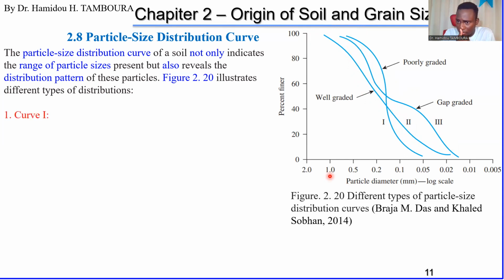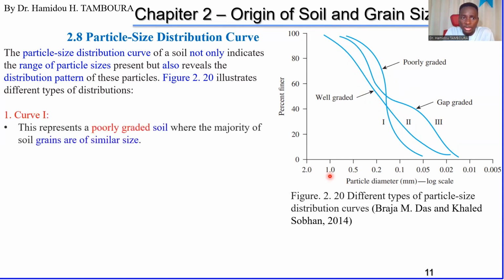Let's start with curve number 1. This curve is the typical curve we call poorly graded soil. It means that the majority of the soil grains are almost the same size. You see that this curve is tending to be vertical.